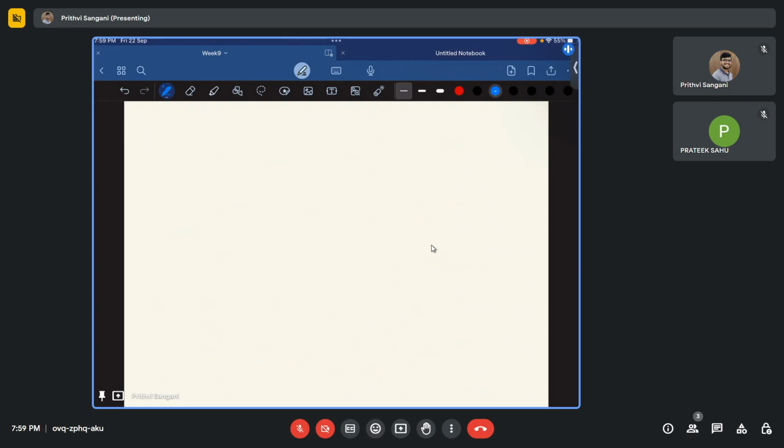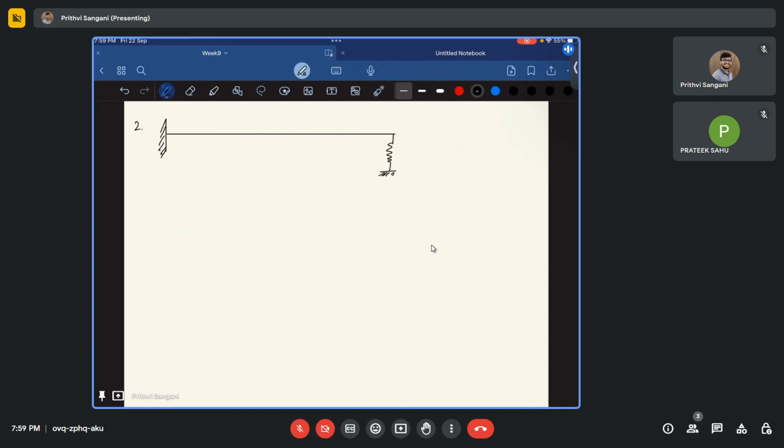So we have a cantilever beam, but we have a spring support.